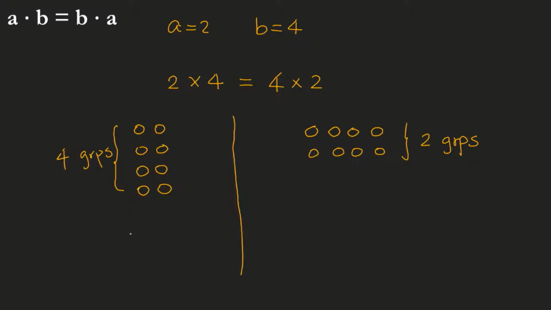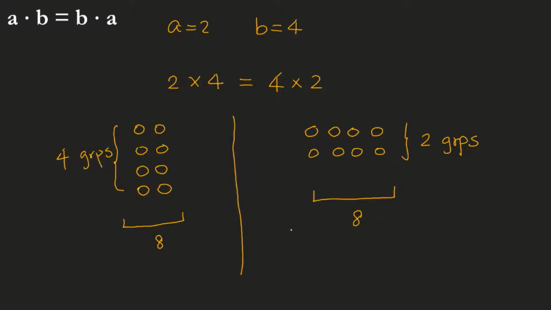So now if you look at the left side, the total here is 8. And if you look at the right side, the total here is also 8. Okay. So both sides have the same result. This illustrates the order of how the numbers are multiplied does not matter. They all give the same product.